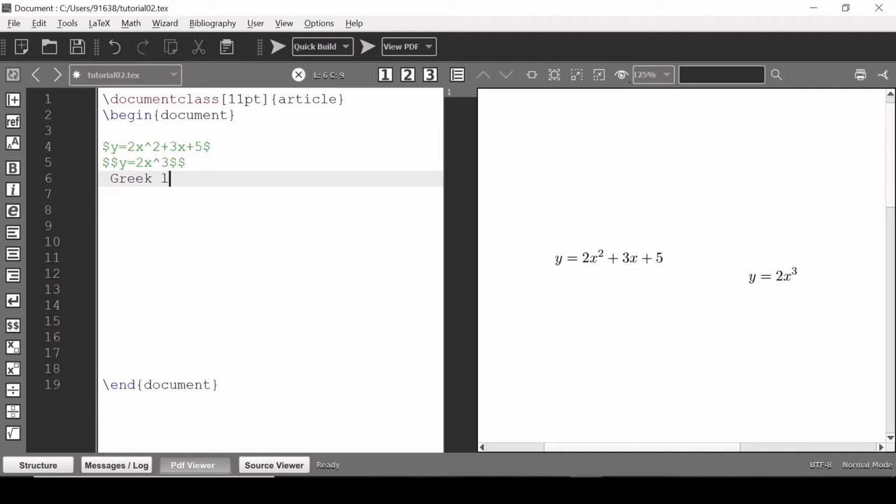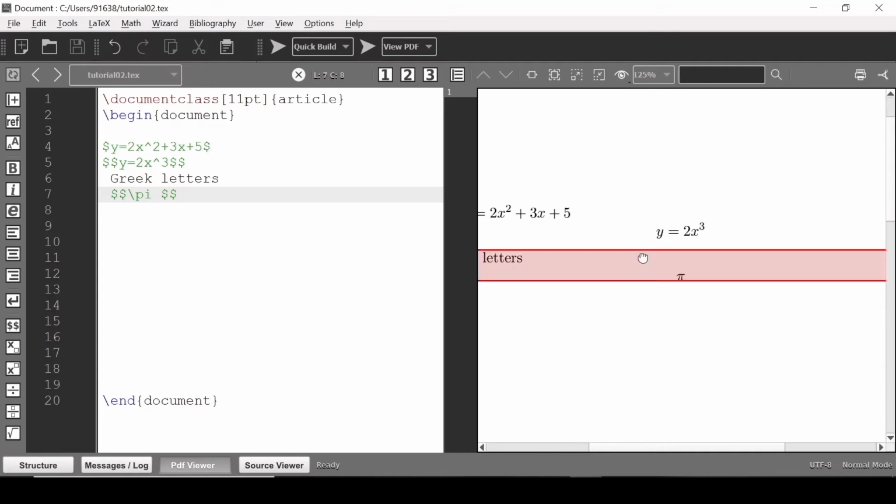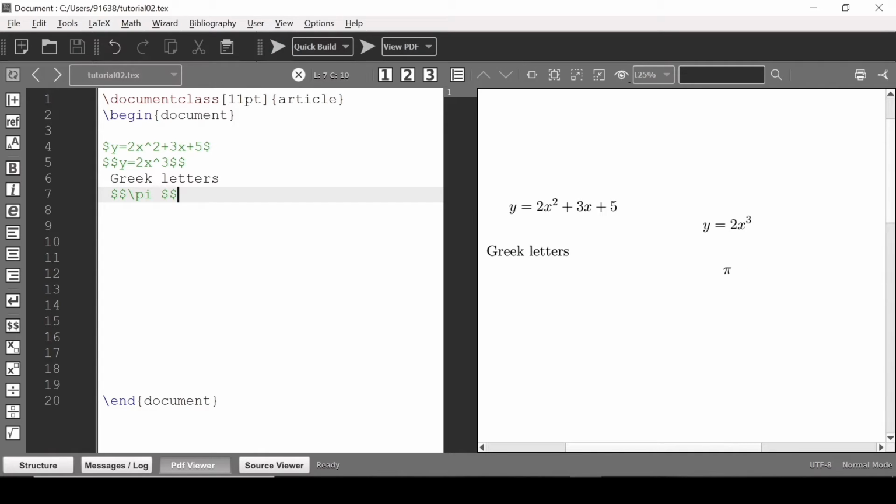So let's write Greek letters. If you want to write, let's say, pi, use a double dollar sign, and between these signs you can write \pi. By doing this, you will get this result.